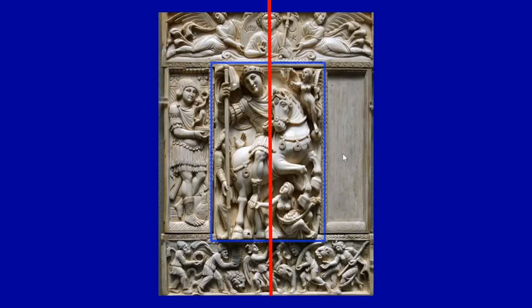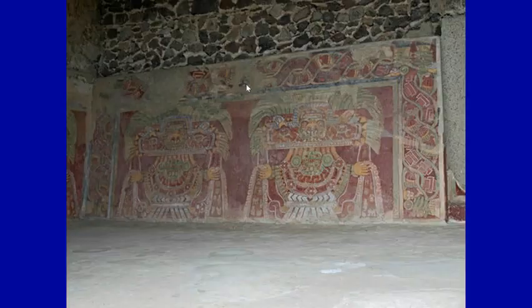Now here is one that is asymmetrical, where the horse is mostly on the right side and the man is mostly on the left side. This is a little bit different, and I think this image should be later on in this slideshow.